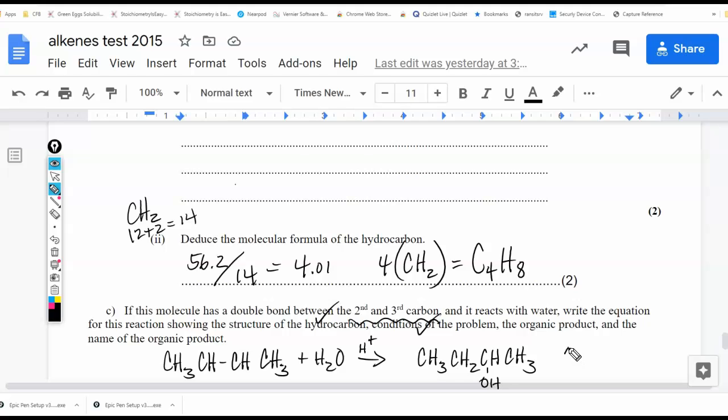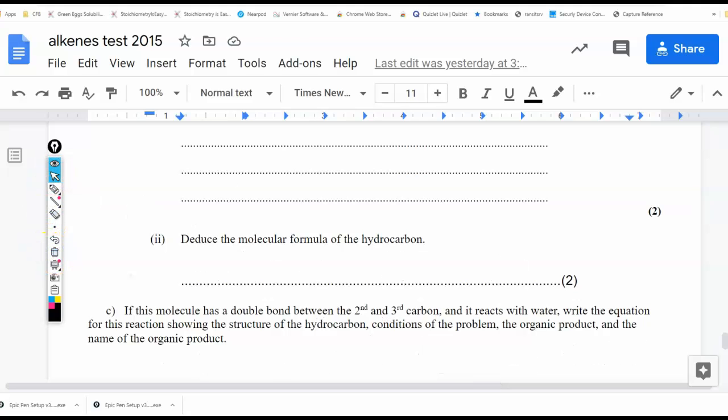And so we're going to name this as 2, and this is going to be butane, but it's an alcohol, so it's butanol, 2-butanol. Okay, so that is our answer to that sort of question as well.